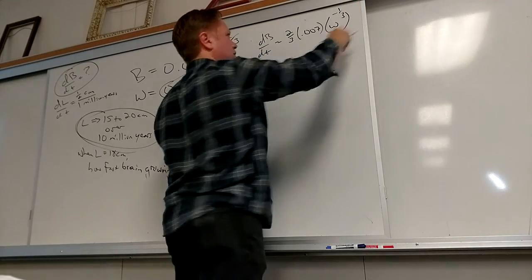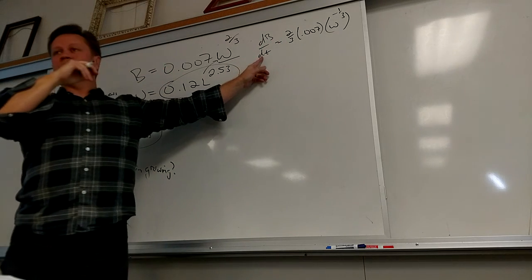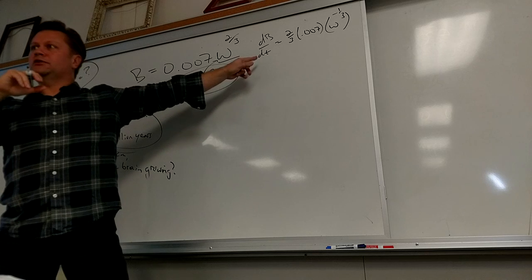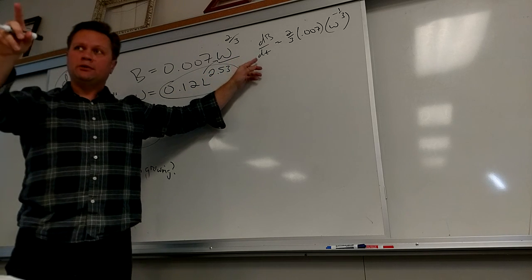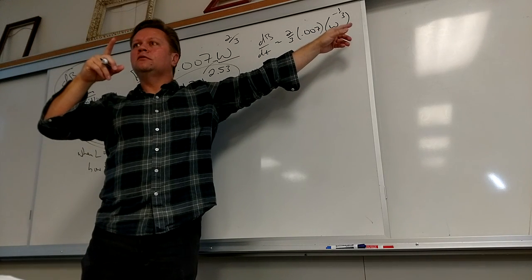Somebody's whispering it. I always like that. Times, what am I taking the derivative with respect to? Time. If I was doing it with respect to W, I would be done. Why am I not done?